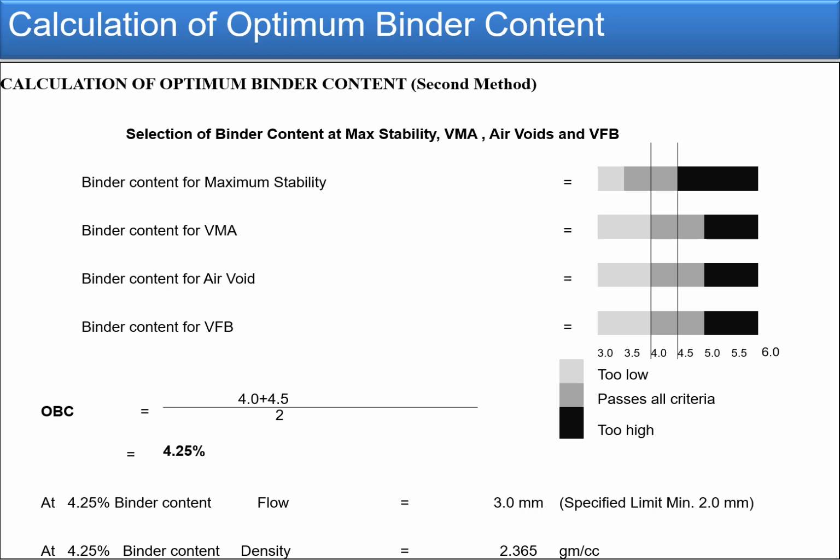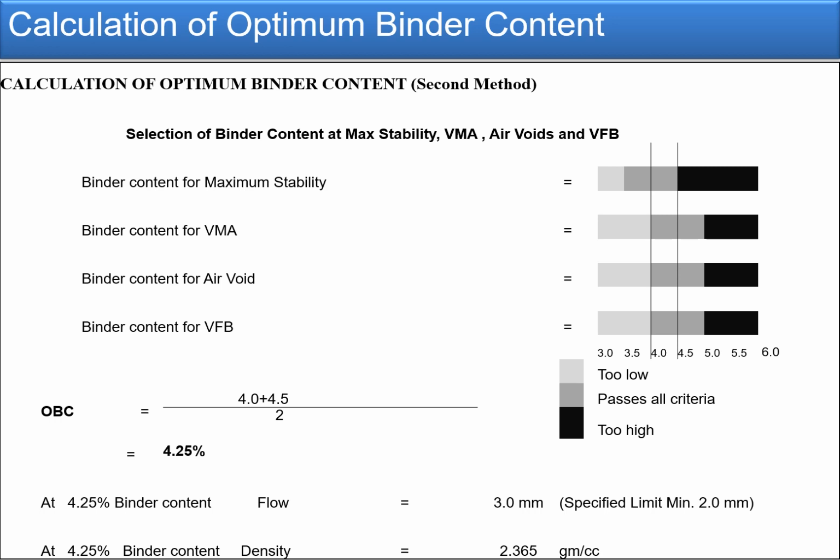That means for a bitumen content between 4 and 4.5%, the mix will be able to maintain the required properties under all four categories, which is covered by the gray band. So your bitumen content should lie between 4 and 4.5%, and then you take the average of 4 and 4.5, which is nothing but 4.25.